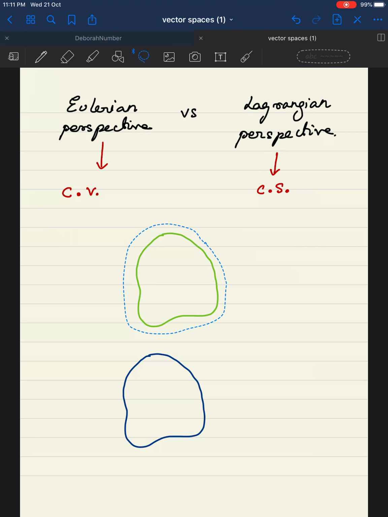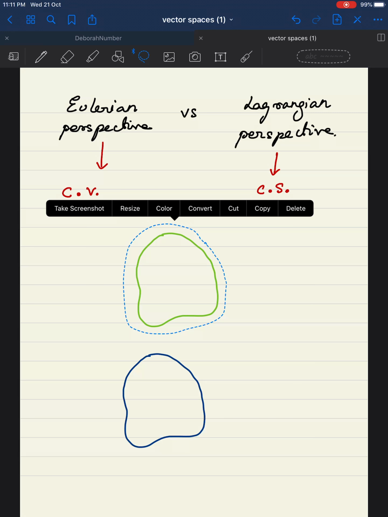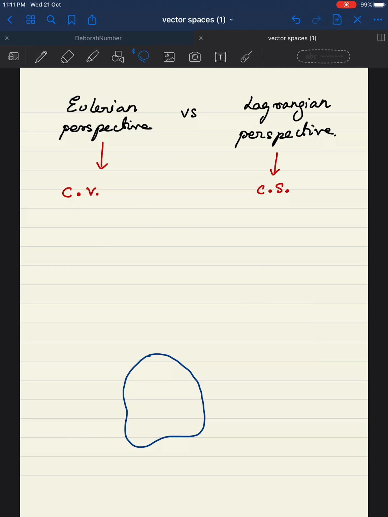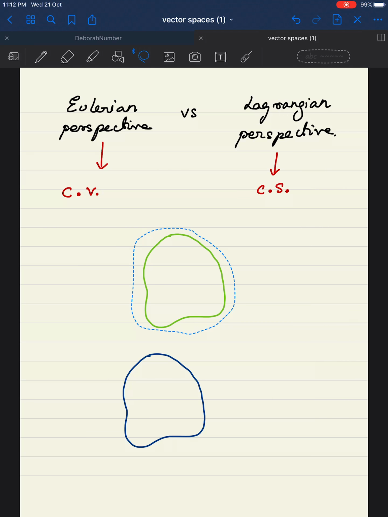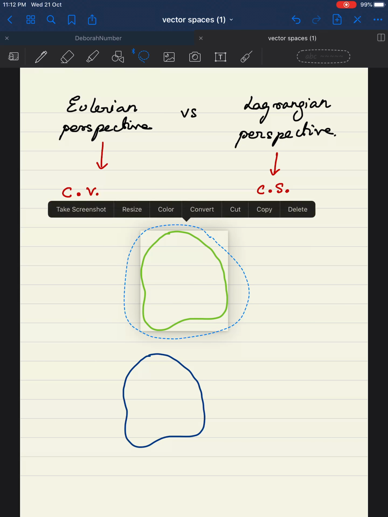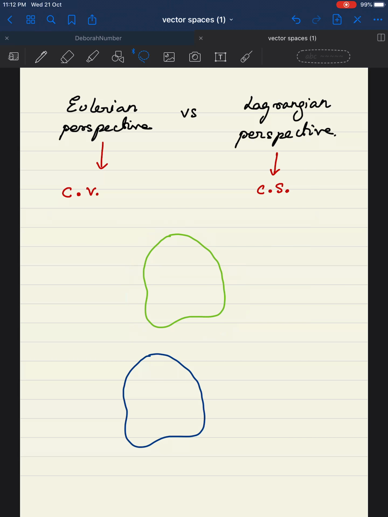It would have saved us some time. Oh, it's the same color, didn't change color. Okay, much better.